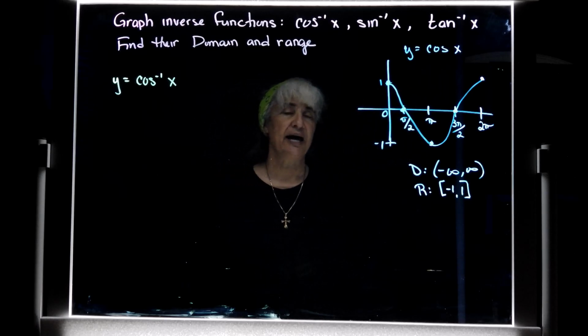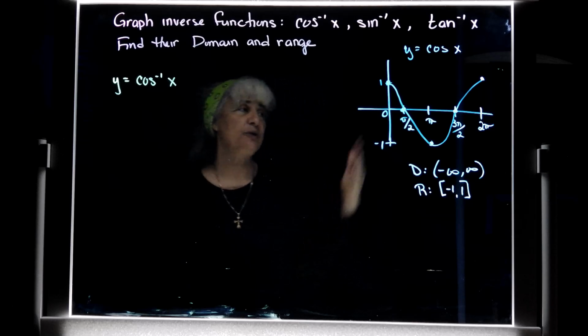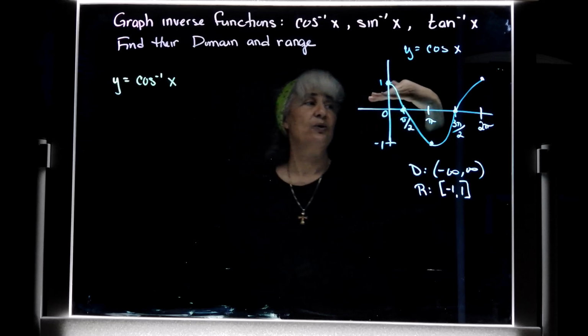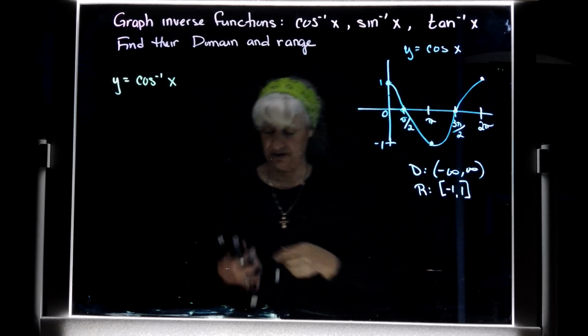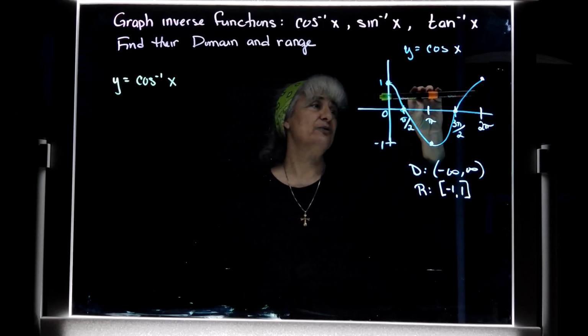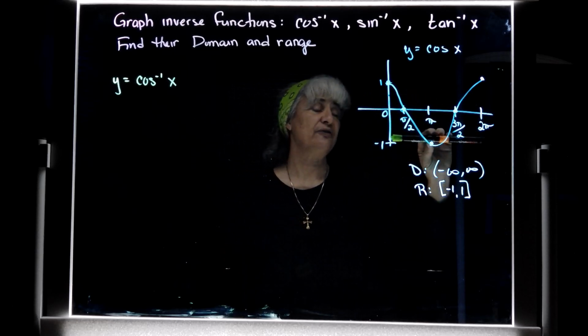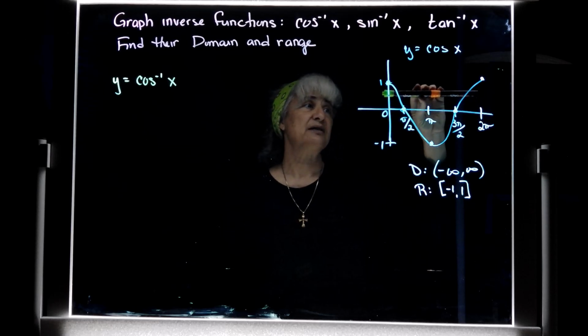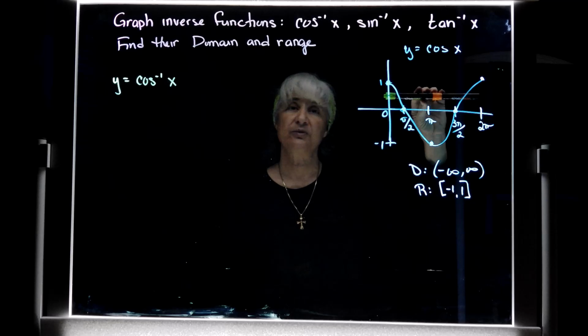Are you with me? One-to-one functions not only pass the vertical line test, but they also have to pass the horizontal line test. If I pass a horizontal line through this graph, it's going to touch it more than once, which means this is not a one-to-one function.